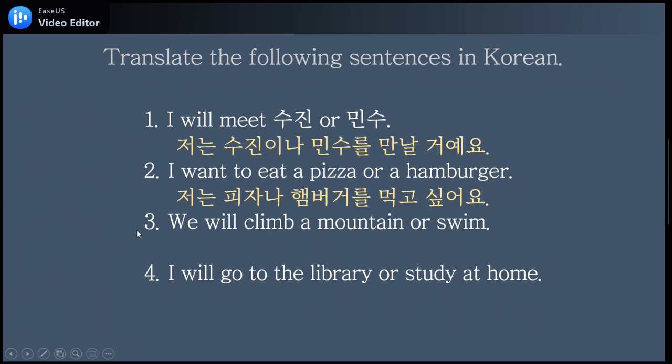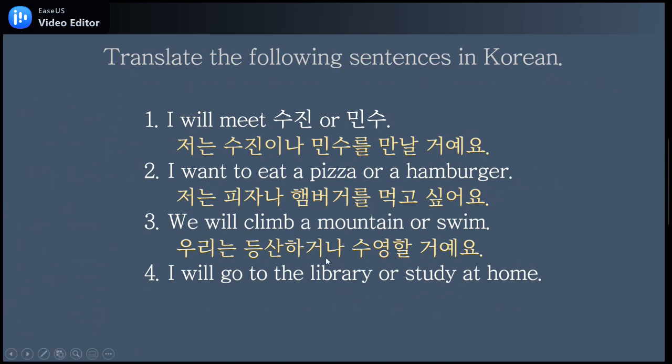Number 3. We will climb a mountain or swim. 자, we do have this expression to say to climb a mountain, isn't it? 등산하다. So basically these two are verbs. Climb a mountain, a verb. Swim is also a verb. So we need what? 거나. 우리는 등산하거나 수영할 거예요.